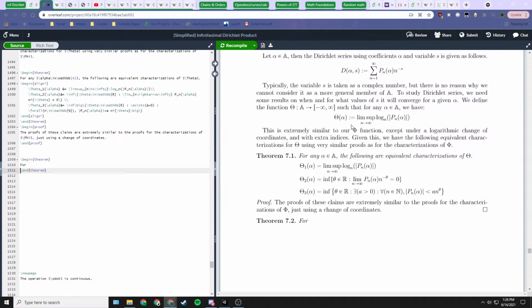Yeah. But anyway, so our theorem on this is, we'll say, for alpha in A, we have d alpha s converging, and I think we'll do only if the real part of p1 of s is greater than theta of alpha.